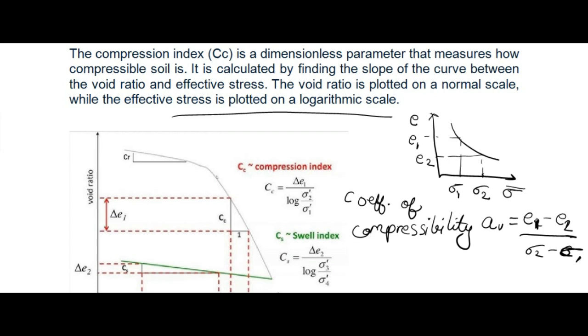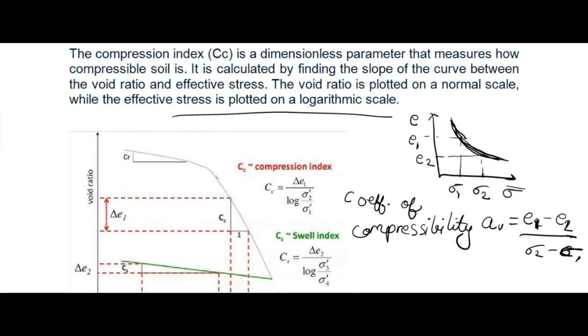So this you can calculate directly from the curve if the original curve is formed in this concave way. The effective stress and the void ratio vary in this way.